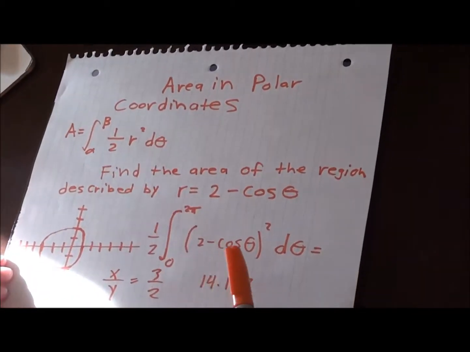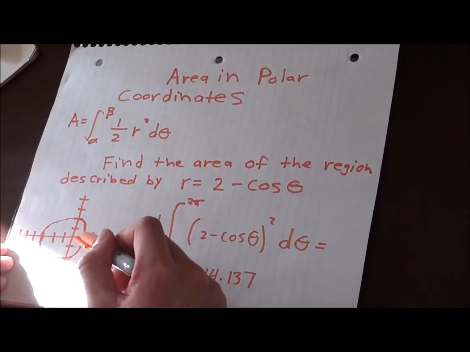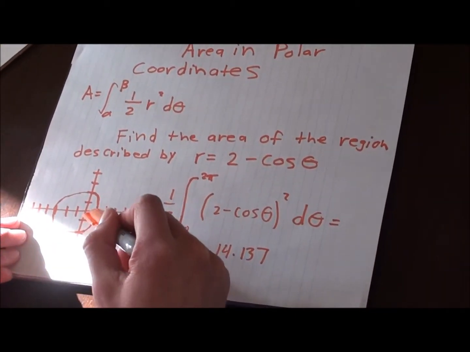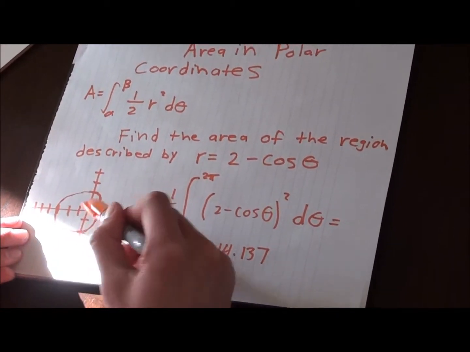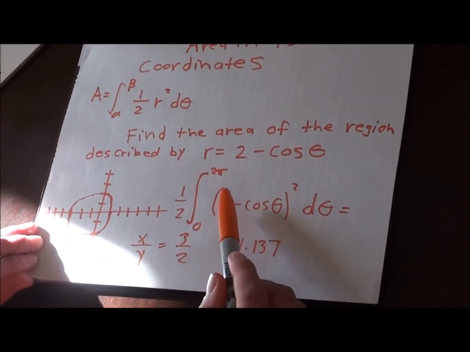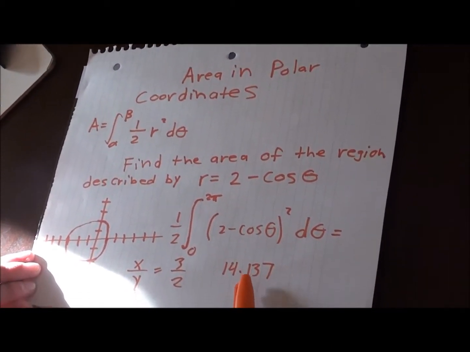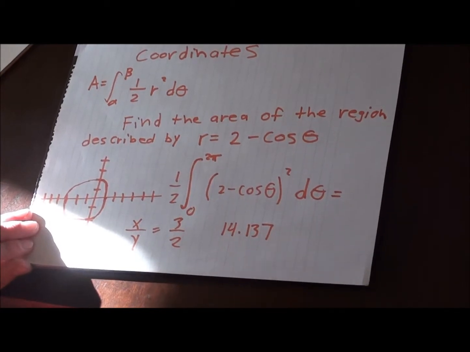The hardest part about these problems is finding our alpha and our beta, but if you watch the graph of this, the area sweeps out starting at 0 and it ends up at 2 pi, so these are our alpha and beta. And then we just plug in our r, and we square that and multiply it by 1/2, and we end up getting 14.137.